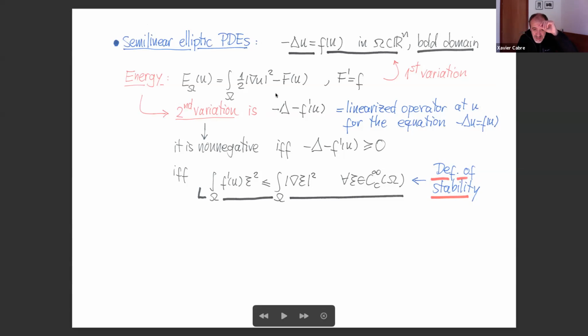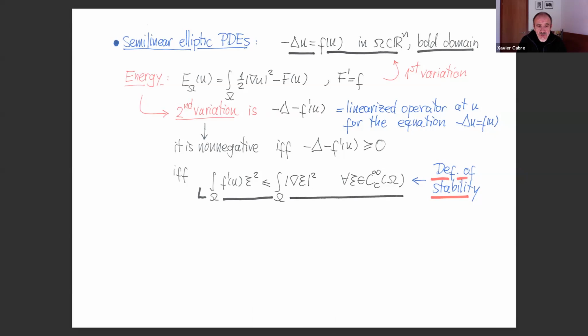So minus Laplacian is a positive operator, and later on we will take f prime to be positive. So with the minus sign it is negative, and these two terms are competing: minus Laplacian is positive, minus another positive thing. This could have negative eigenvalues or not.